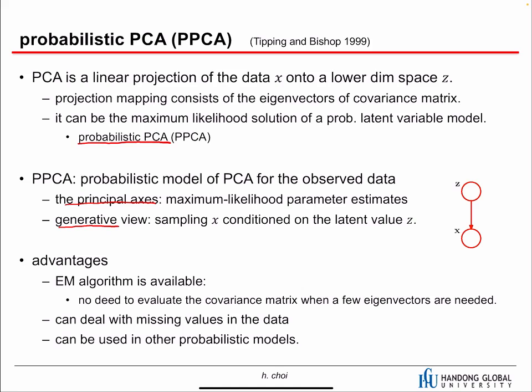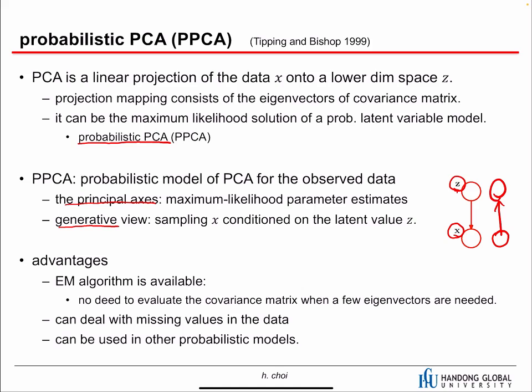But in PPCA, it goes from Z to X. So the observation X can be obtained by sampling X conditioned on the latent value Z. So the latent variable Z is given, then X can be generated based on Z. So the direction is different.